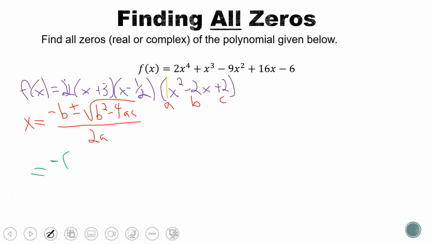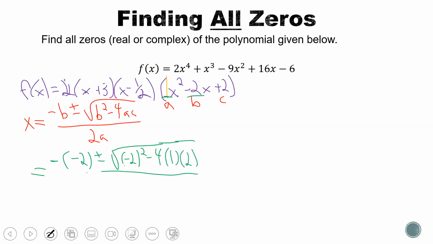So we'll have negative of our value for b, which is negative 2, plus or minus square root of, again, that value for b, which is negative 2 squared, minus 4 times the value for a, which is the 1, times the value for c, which is 2, all divided by 2 times the value for a again, which is 1.